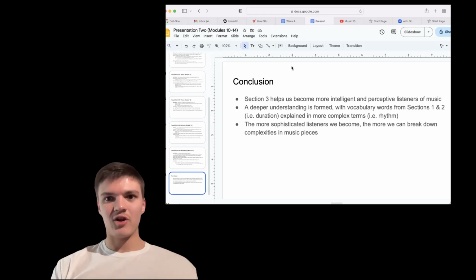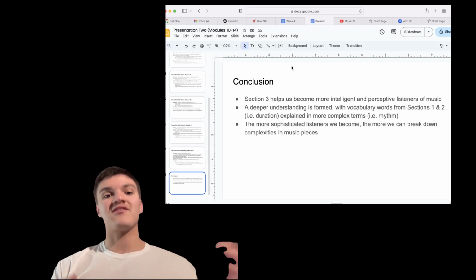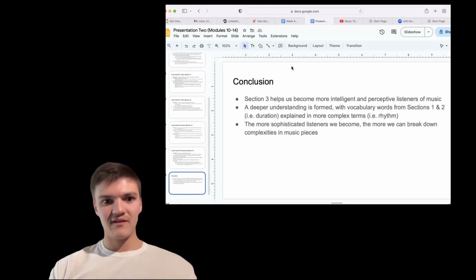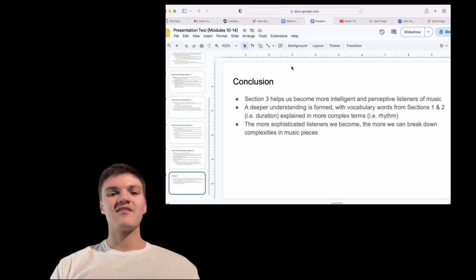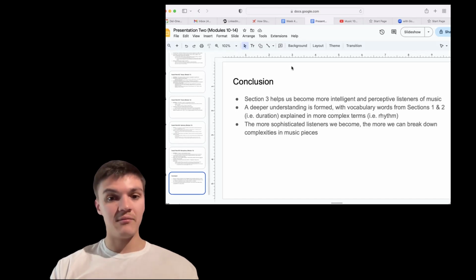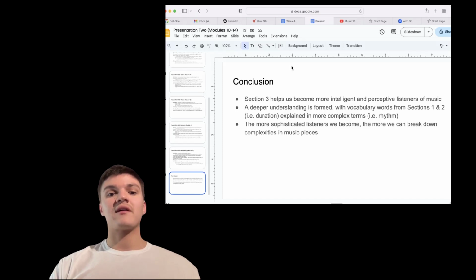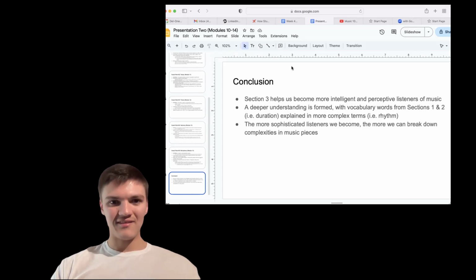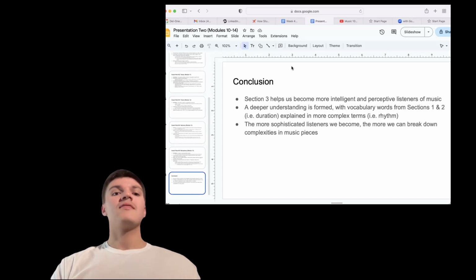And the terms we have learned so far in Presentation 1 can be explained using more complex terms. So, for example, we can use duration with rhythm. The more sophisticated listeners we become, the more we can break down the complexities in music pieces.